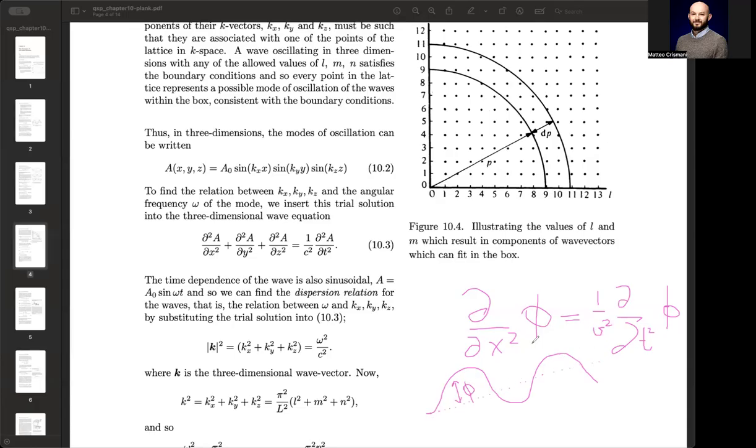Okay. So if, for example, I have this string and I haven't plucked it yet, it'll just sit there. And in that particular circumstance, the curvature is zero. And so therefore the string won't move. Okay, perfect. That makes a lot of sense. Whereas once I pluck the string, all of a sudden there's curvature. And depending on where this curvature is, it's going to say what the acceleration is. Okay, so let's have a look at the curvature.